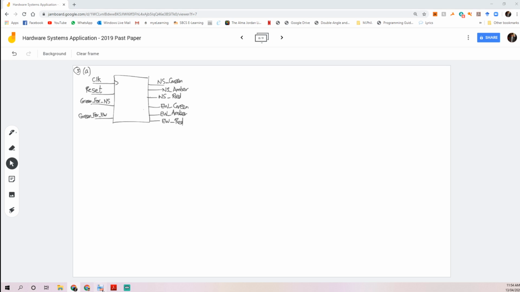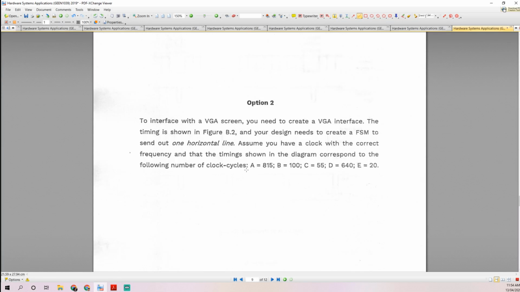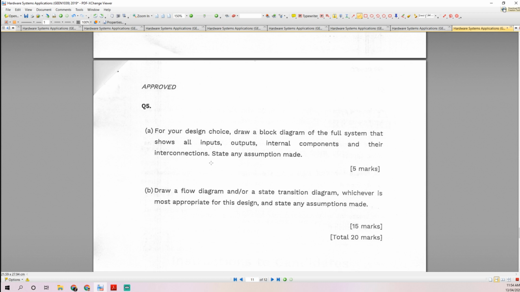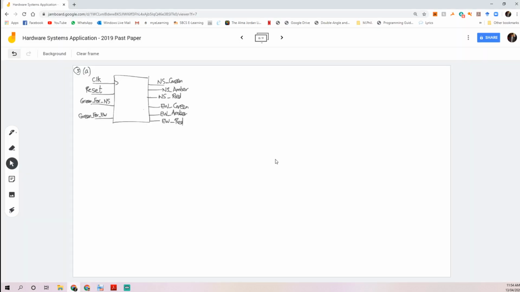The next thing that we need to do is to state any assumptions made. So some of the assumptions for this particular question are going to look like this. We know these are assumptions, so I'll just list them in point form.